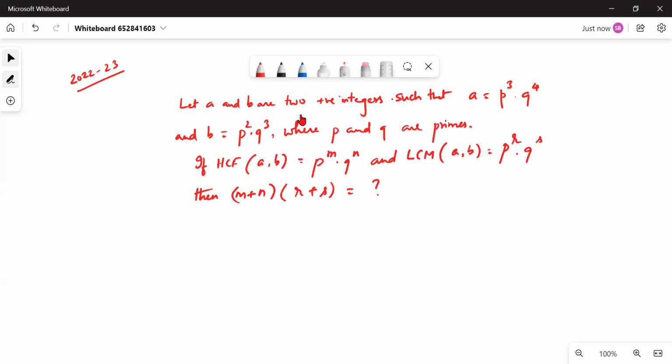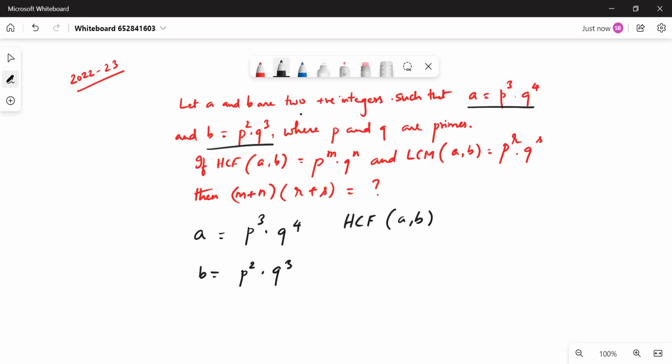First of all, did you understand the question, sir, what they are trying to tell? Yes, sir. Two numbers have been given. A is equal to P cube into Q power 4. B is equal to P square into Q cube. Now, what will be the HCF of A, B? Highest common factor would be P square into Q cube.